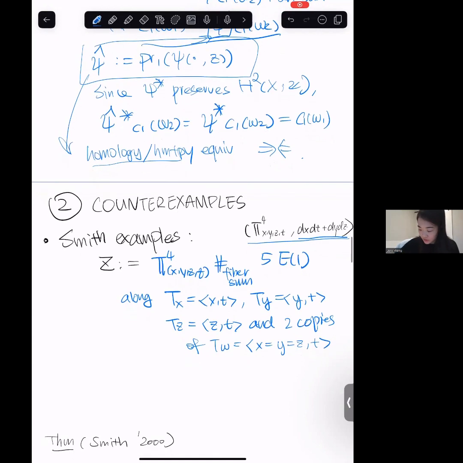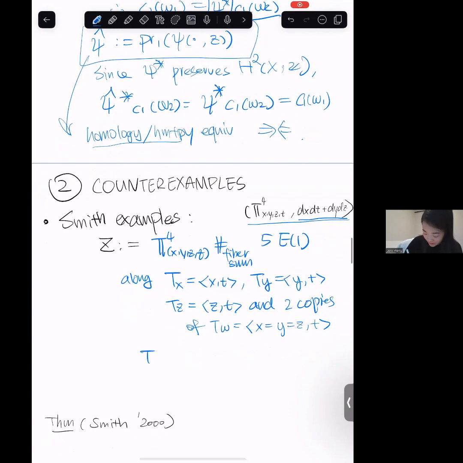The exact formulas are not so important, but you should know that Tx and Tw are symplectic submanifolds, while Ty and Tz are Lagrangian submanifolds.